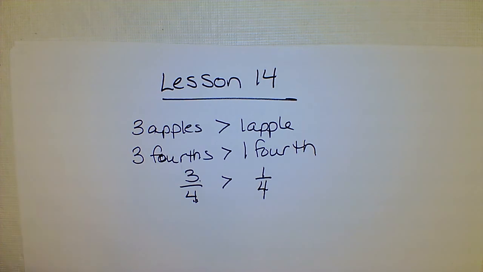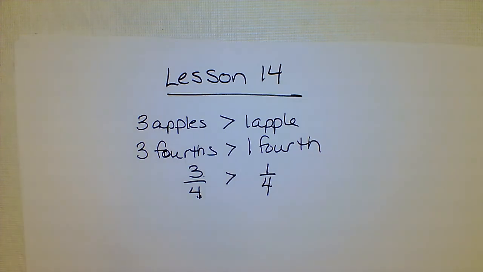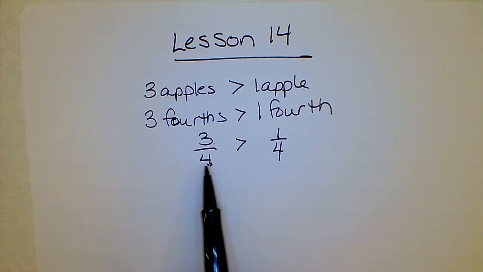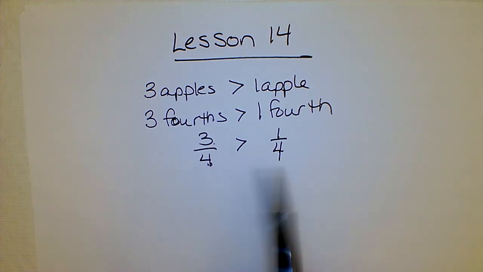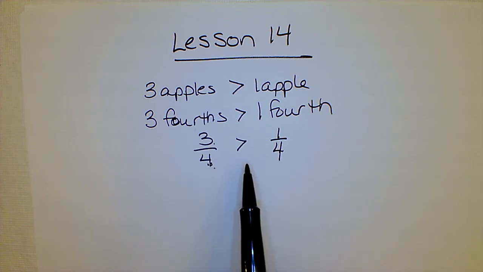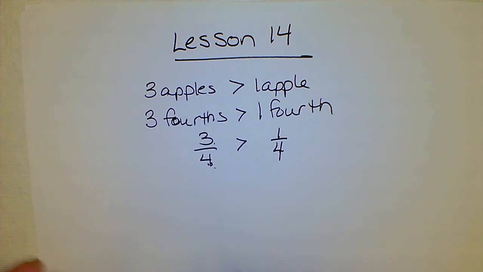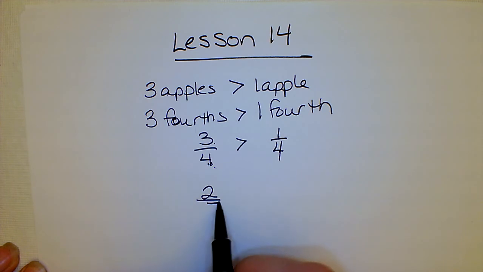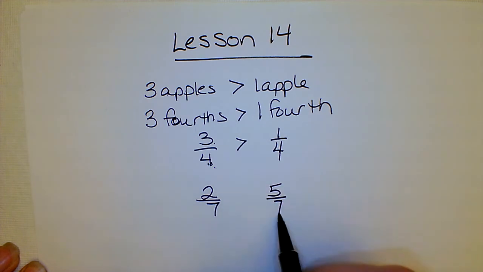Okay, so if we know that, then let's compare some other fractions also. That's just an introduction to this concept of comparing things. What we were really comparing here were fractions that have a common denominator, where the denominator is the same size. So if the denominator matches, such as fourths, then I can just say, well, how many of those pieces do I have? Let's do one more like that. Let's say that we had 2/7 and 5/7.